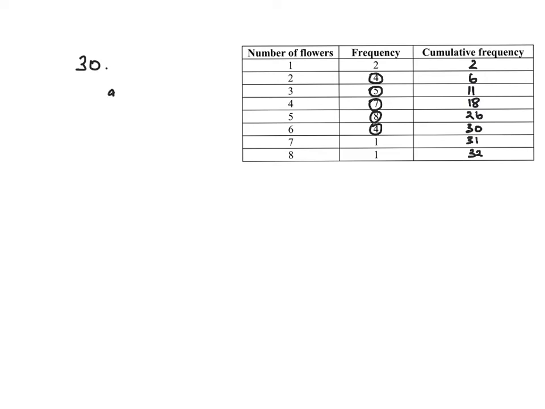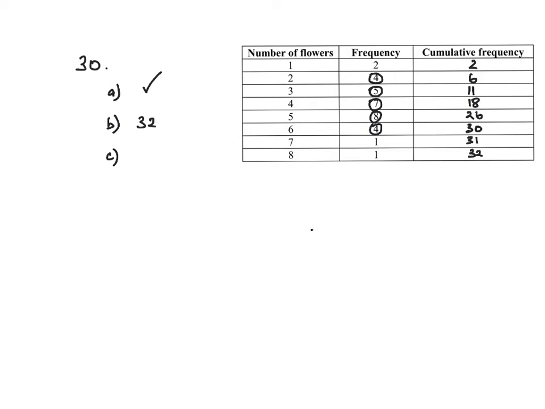So we've done part A, we've completed the cumulative frequency column. Part B, how many geranium plants did Bernard have? A total of 32. Part C. Now, you've got 32 pieces of data. 32 is an even number. 32 divided by 2 is 16.